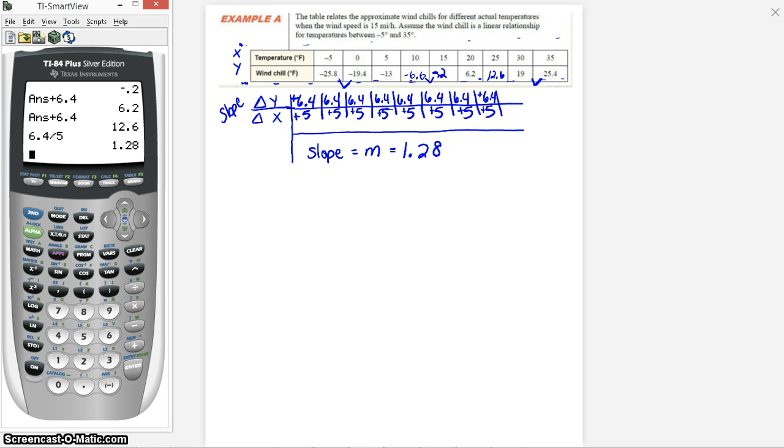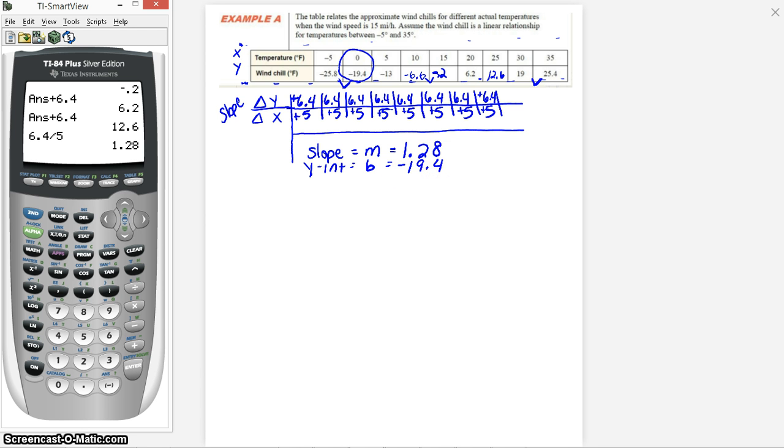And then, look, the table gives us our y-intercept of negative 19.4. So our y-intercept, or our b, is negative 19.4.